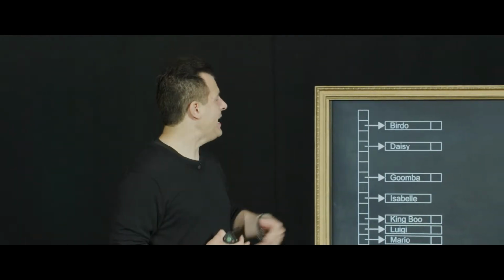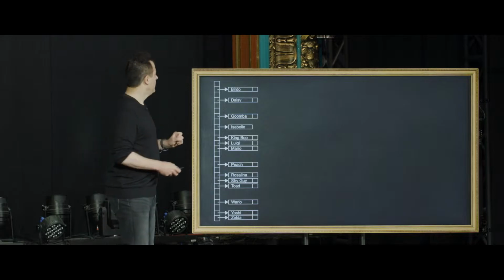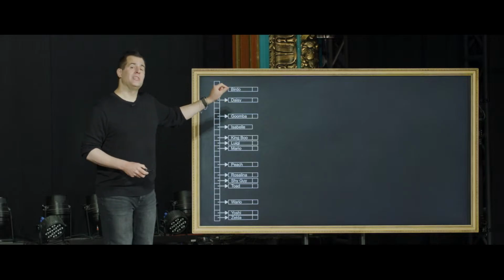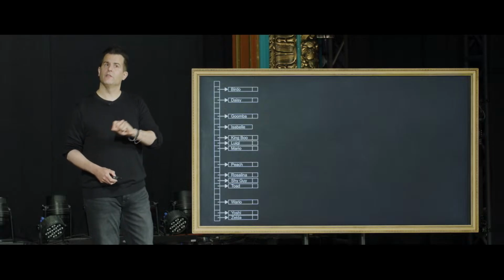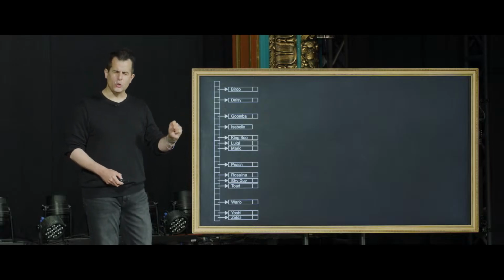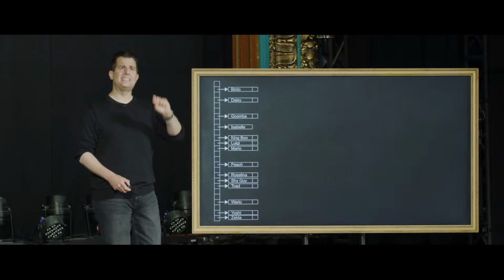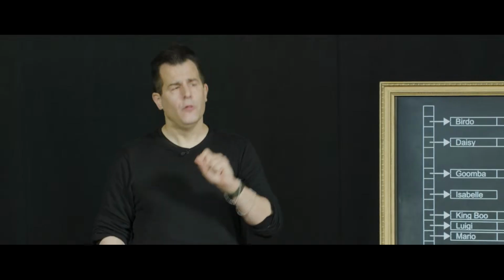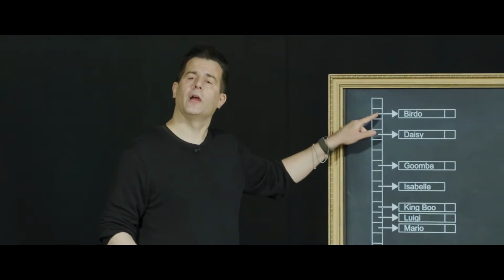If I insert someone whose name starts with B, like Birdo here, I know that B in Unicode is the value 66, but I also know it's the second value in my array, so I can essentially subtract 65 from the Unicode value of the first letter of someone's name to immediately get the right location.